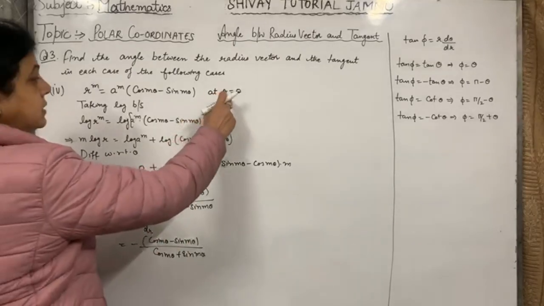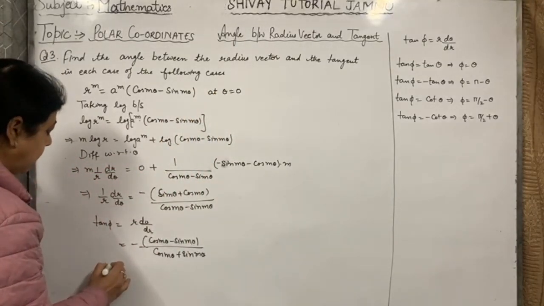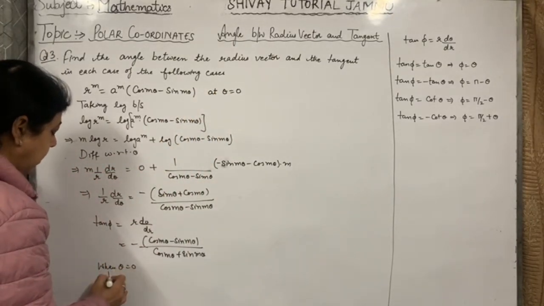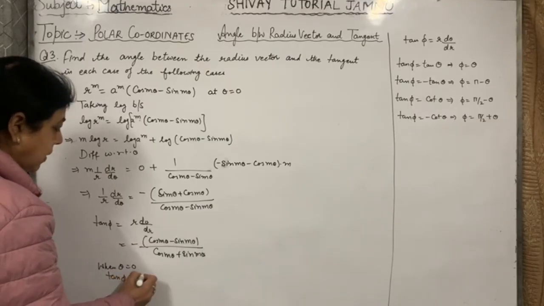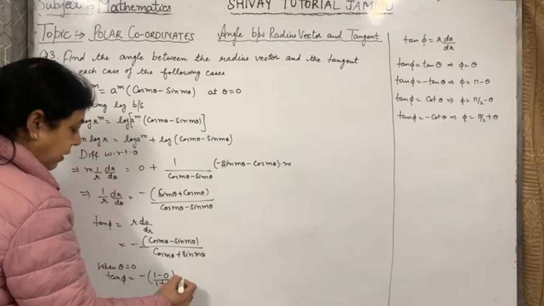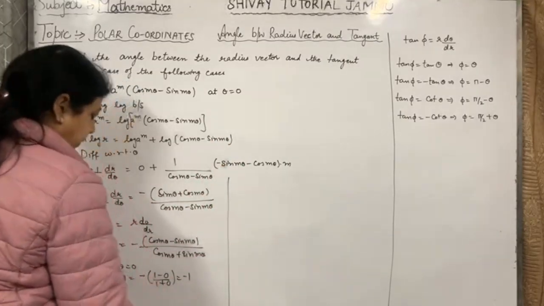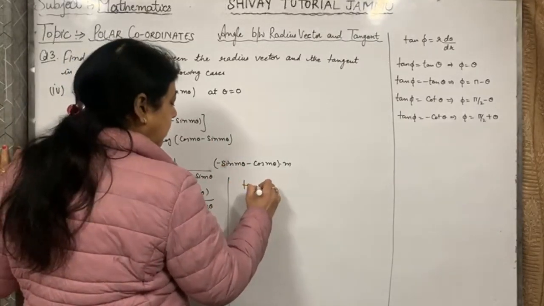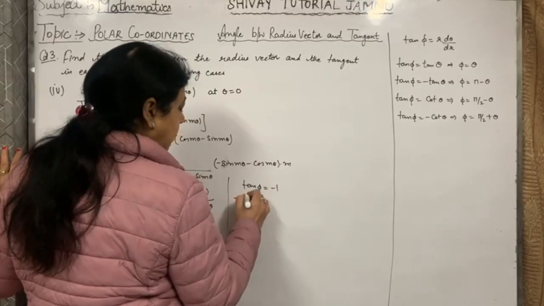And here theta is 0. When theta is 0, tan phi is cos 0 is 1, sin 0 is 0, so minus 1 upon 1 plus 0, that is minus 1. Tan phi is minus 1.